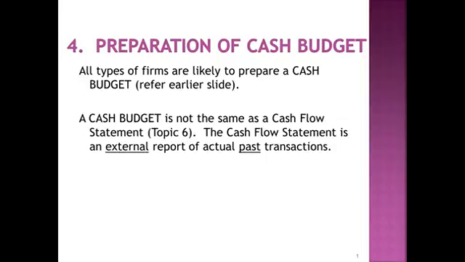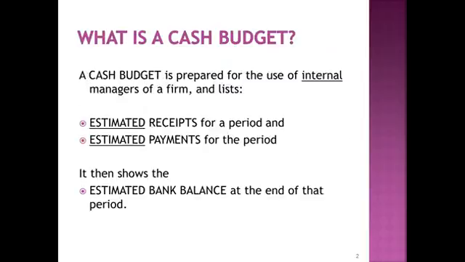A cash flow statement tells us what money has actually come in and what money has actually gone out. It's an external report of actual past transactions. Remember, with a budget we're forecasting what's going to happen or what we think may happen in the future.